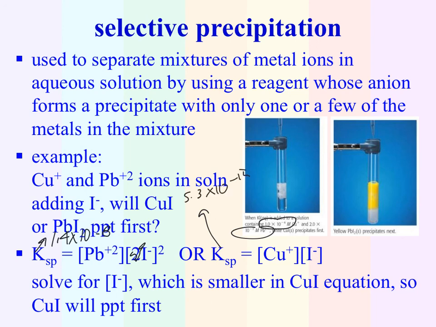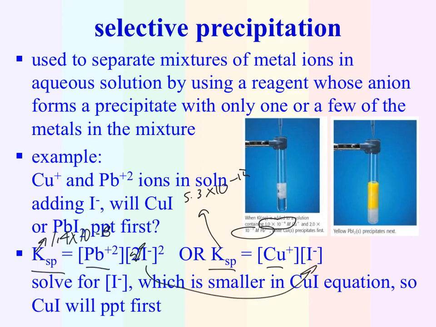We can figure out which metal is going to precipitate first based on the concentrations that we know and the equilibrium Ksp constants, and we can subsequently compare our I values.